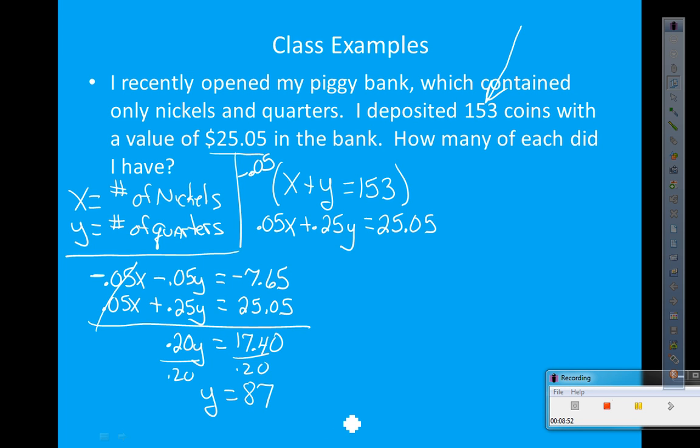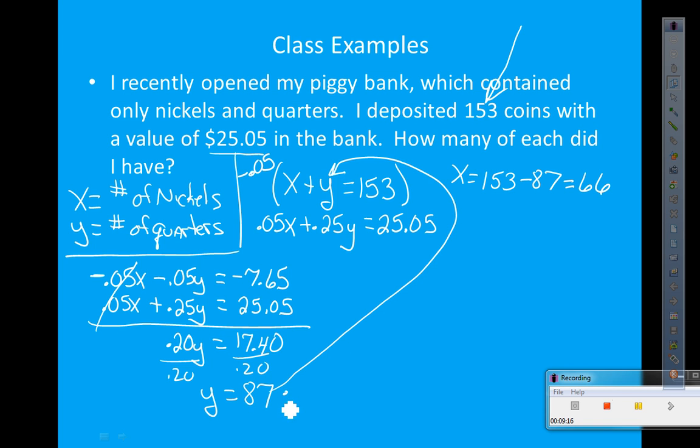Now we can work hard or not hard here. I know y is 87, and I can plug this wherever I want. Watch where I'm going to plug this. I'm going to plug it right there. Because to get x by itself, x is going to be 153 minus 87, which is 66. So I know that x must be 66.